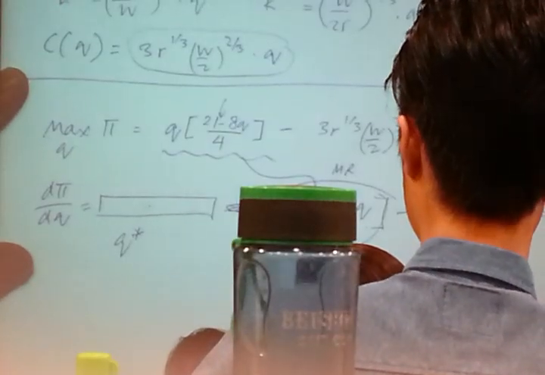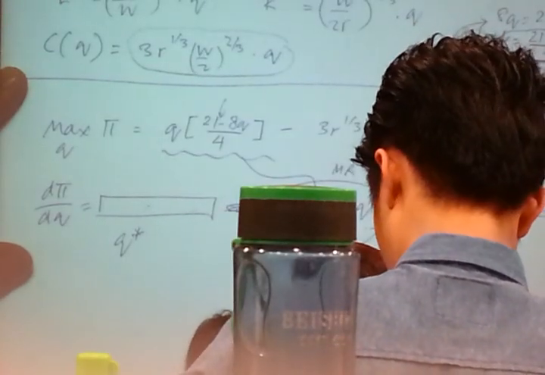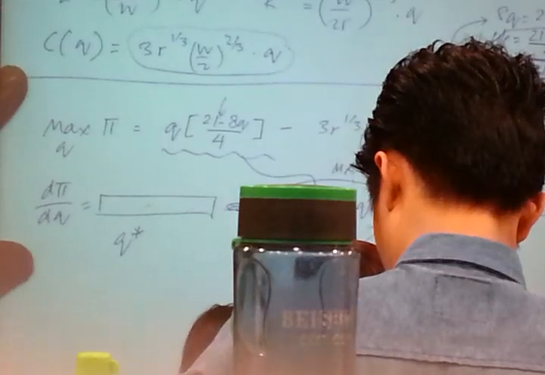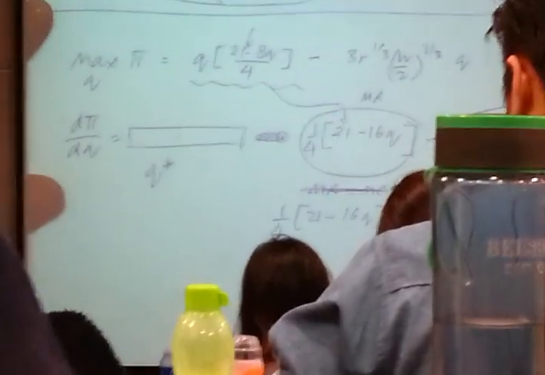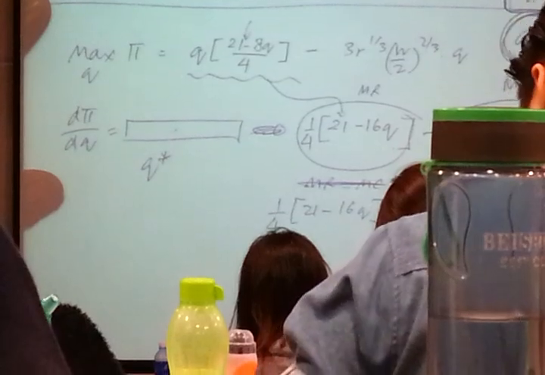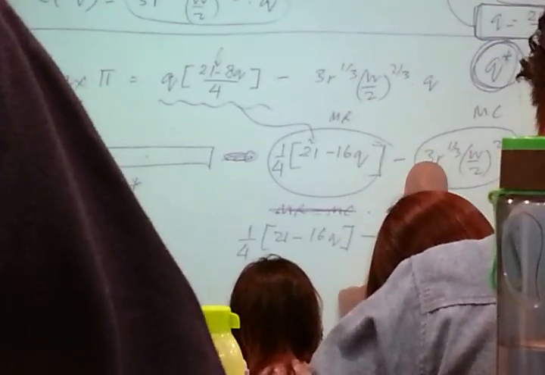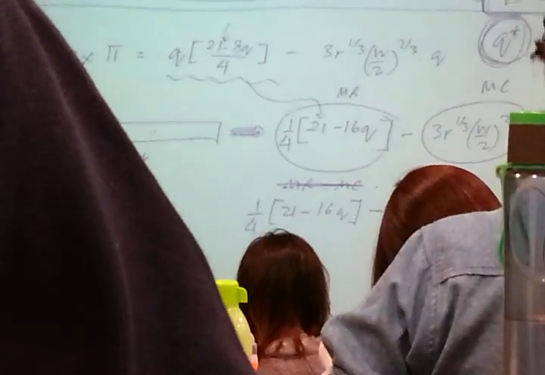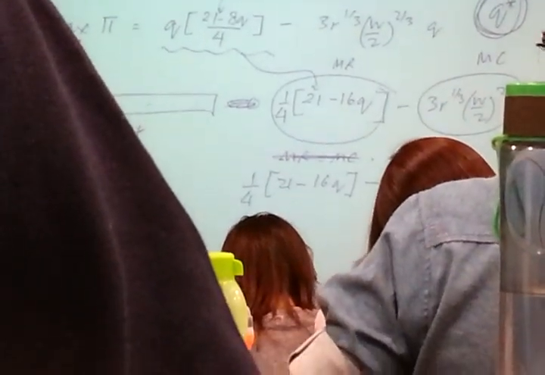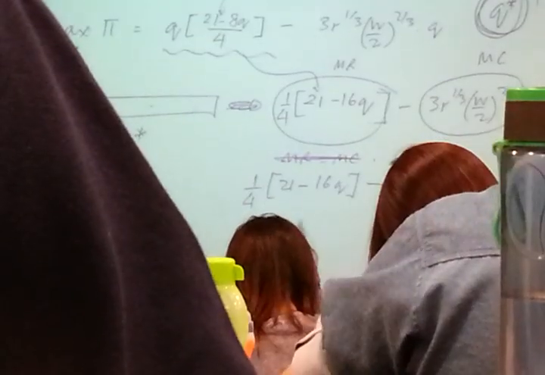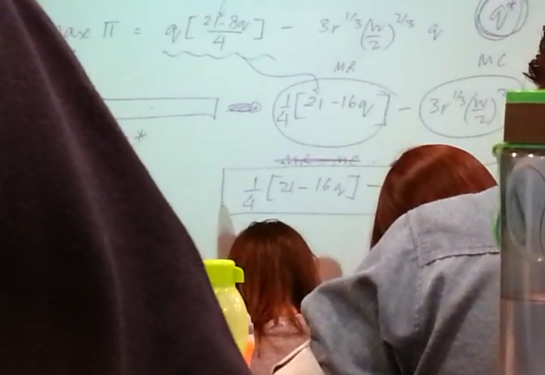So I can plug it in here. So 1 over 4 times (21 minus 16Q). W is equal to 1 and R is equal to half. Half to the power 1/3, W is 1. So half to the power 2/3, half to the power 1/3 times half to the power 2/3 is just half. Minus 1.5. 3 over 2 is equal to 0. Notice, this is the equation I need to solve.